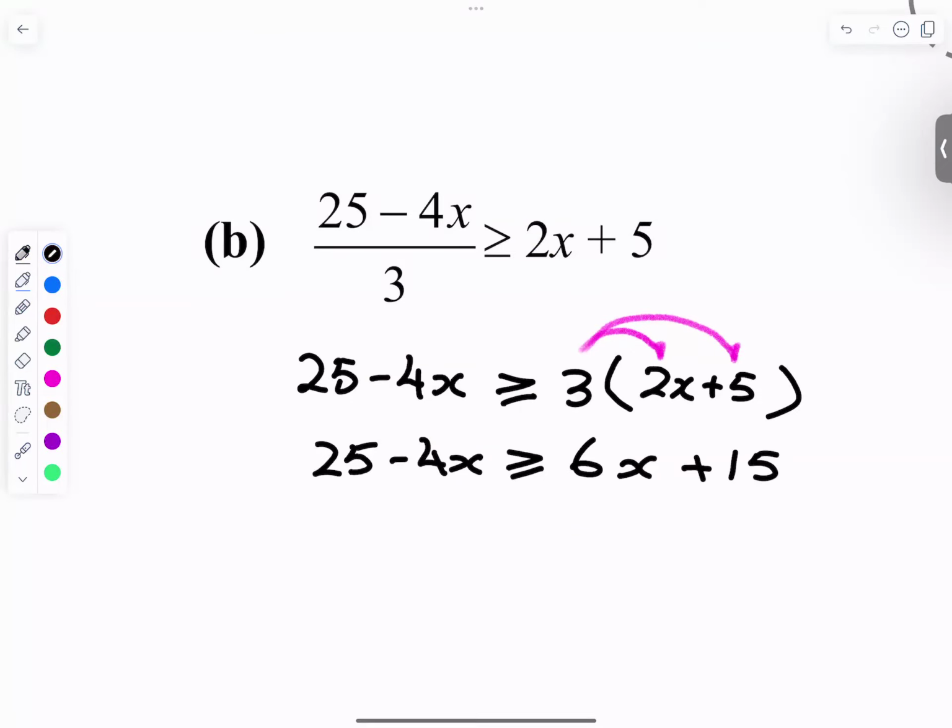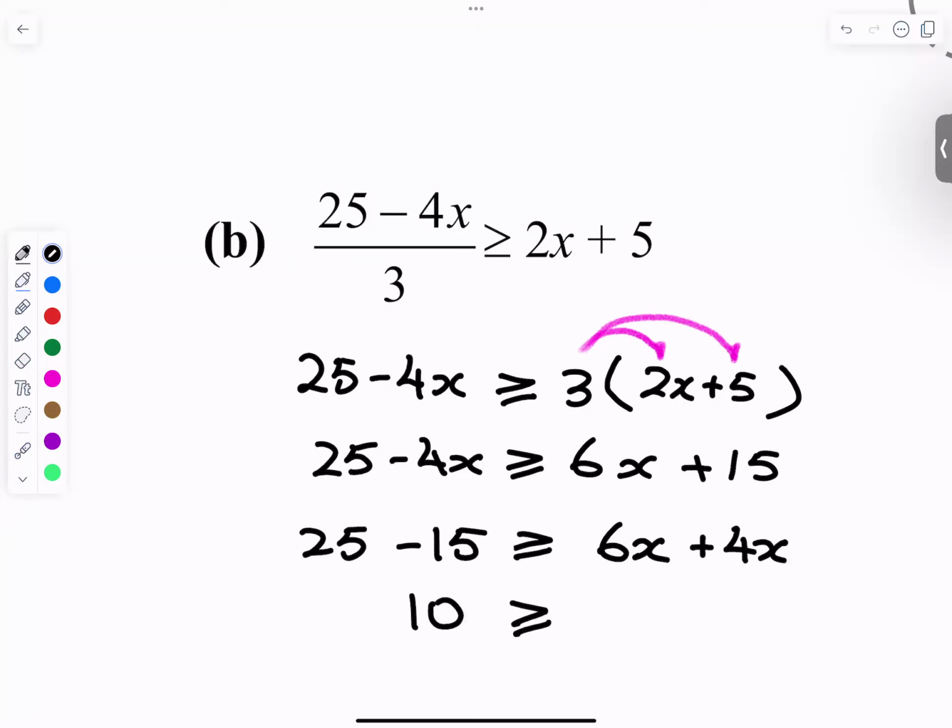And then next step, put unknowns on one side, numbers on the other side. So 15 comes here. It was positive there, comes here, negative. 4x goes to the other side, it's negative here, goes there, positive. And then 25 minus 15, oh my God, I suddenly forgot.